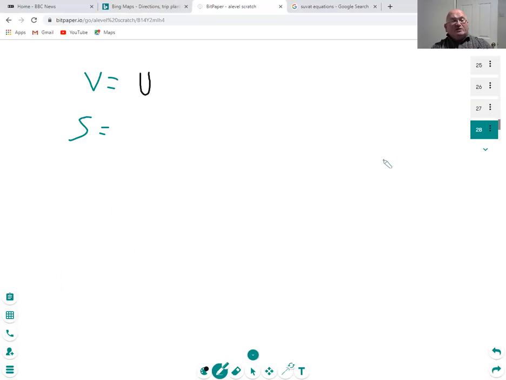The third one I'm going to derive through a bit of manipulation, and the fourth and fifth ones I'm just going to give you for now, but you could get them from algebraic manipulation. It's always a good idea, when we've seen the five, for you to learn them as they are, because you'll be using them so often. I'll talk about that a bit later when we come to use them, why it's so useful to know them by heart rather than having to derive them all the time.